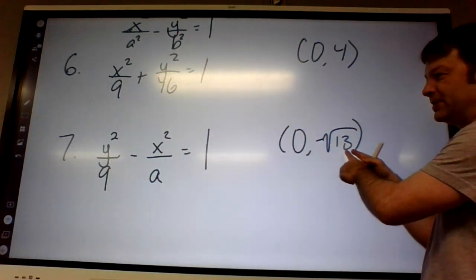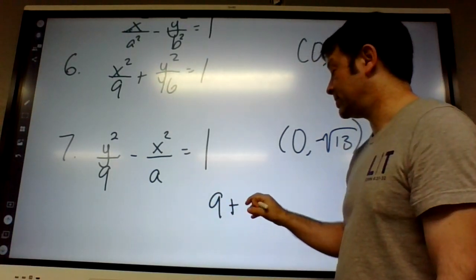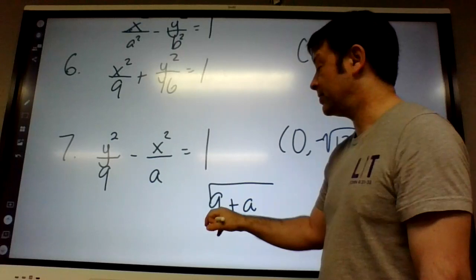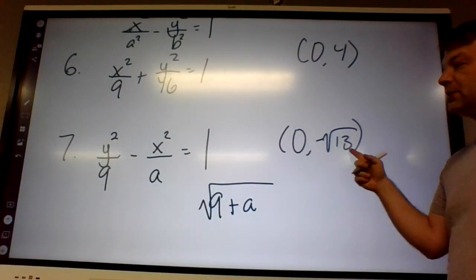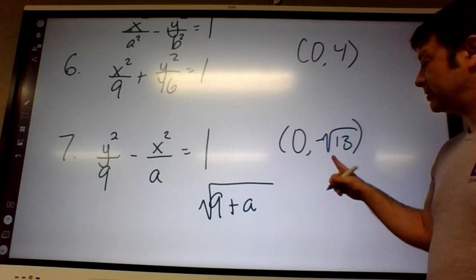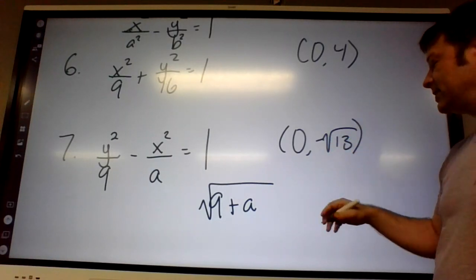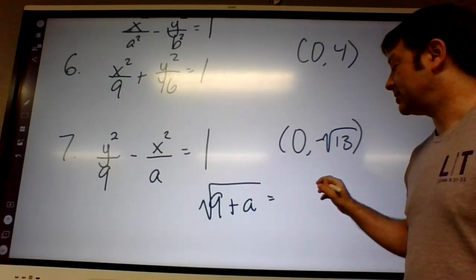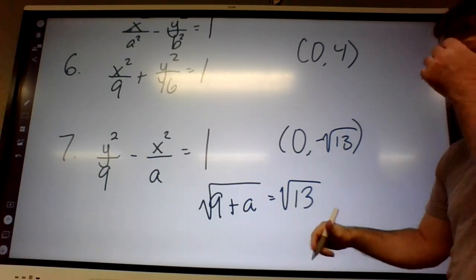Do you guys remember? Adding and then square rooting, right? So it's 9 plus A, the square root of that should give us our focus. Well, it's negative square root of 13 now. Oh, because it's positive, negative, that doesn't matter. So basically we need this to equal square root of 13. Yeah, 9 plus 4 is 13. So yes.